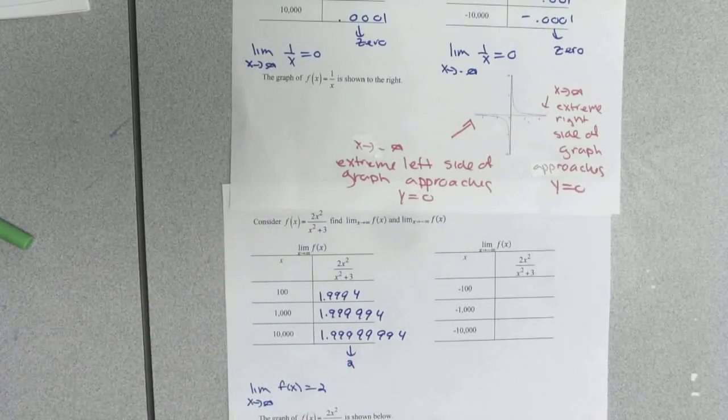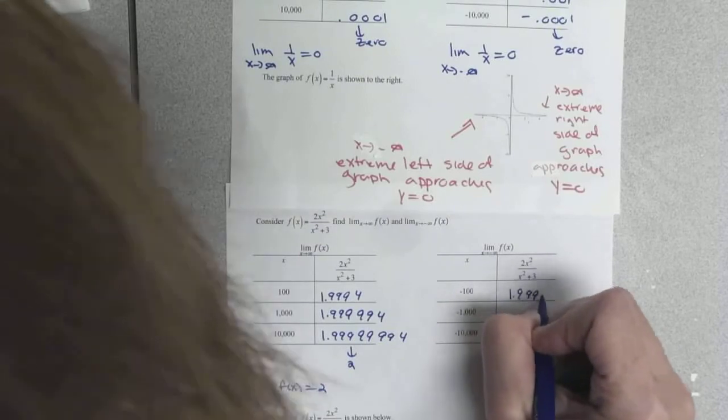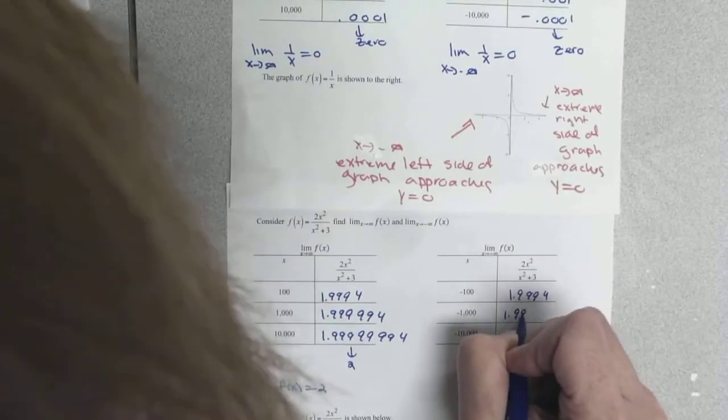And then if I do it again on the other chart, this time plugging in negative 100, I get the exact same values. Somewhat coincidence on this problem.